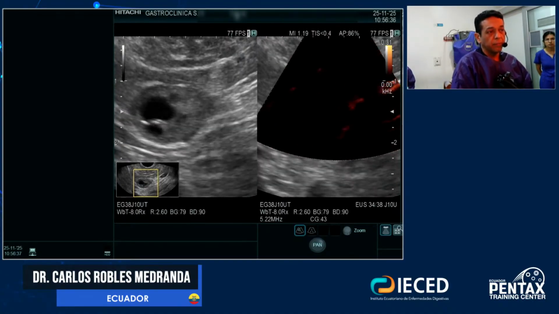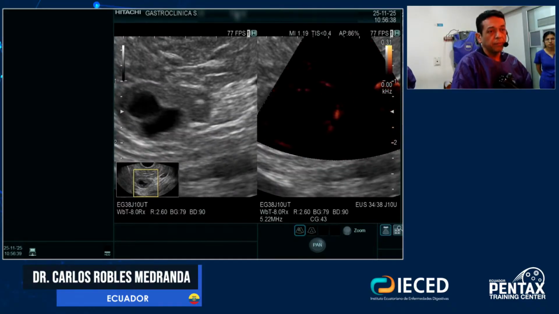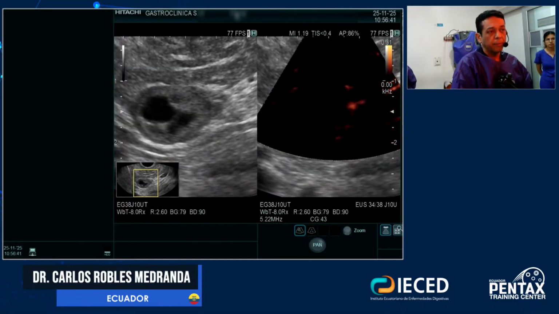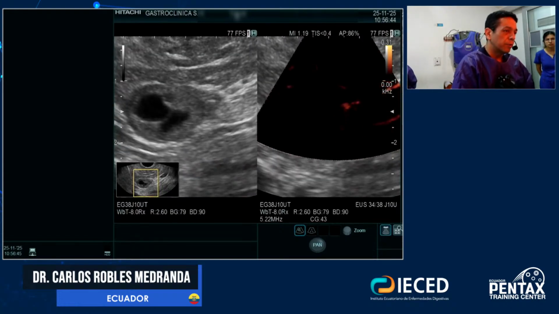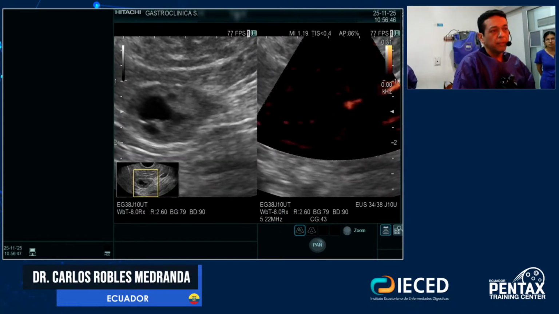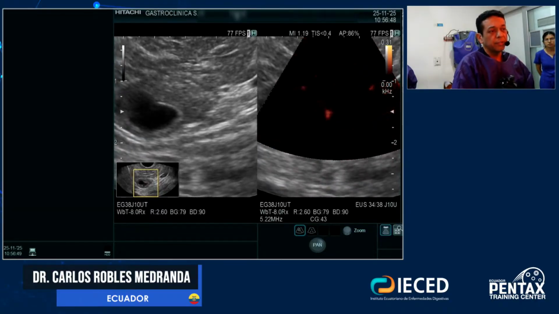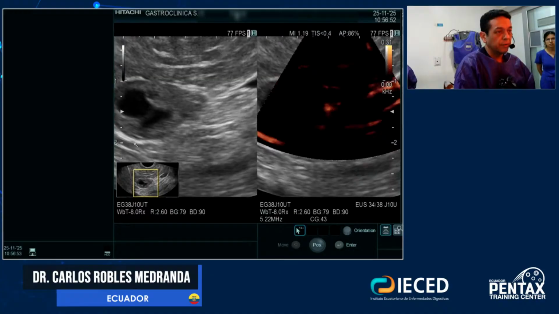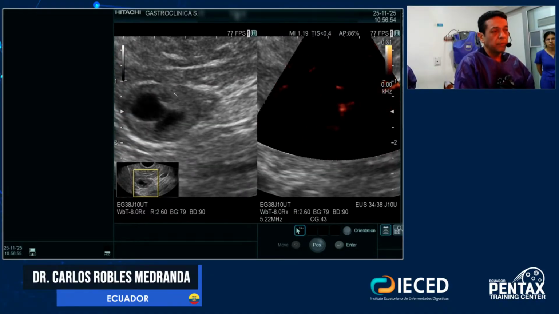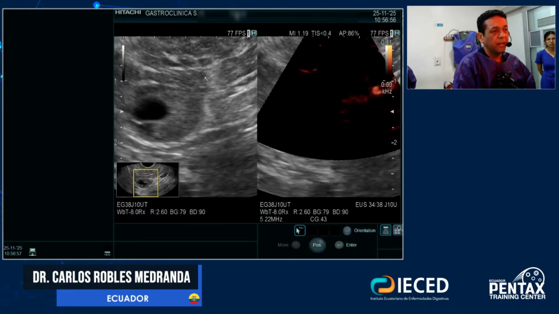For sure, a cystic lesion could be a serous lesion, but by the B mode, I don't believe so, because of these small cystic areas. Normally, the serous cystic lesions don't have this thickness that we can see here. You see? So I'm not so sure about that.